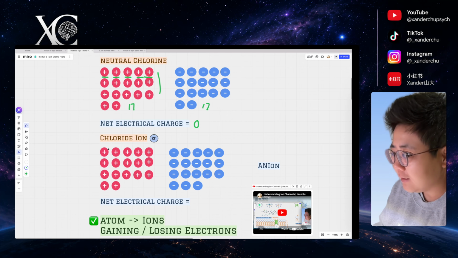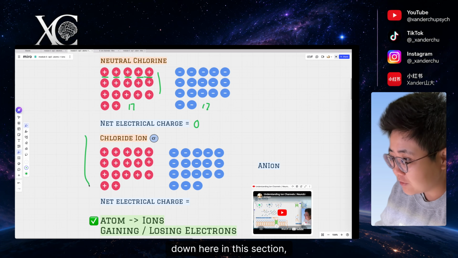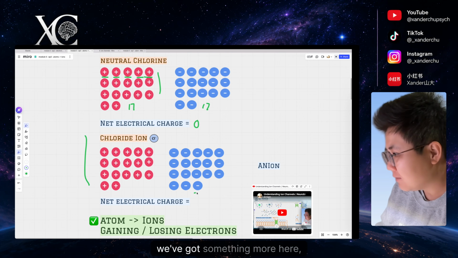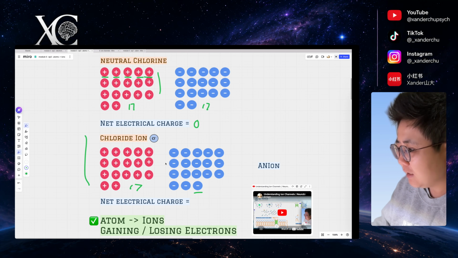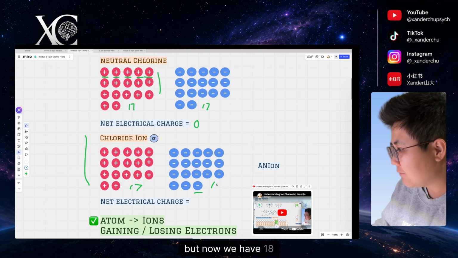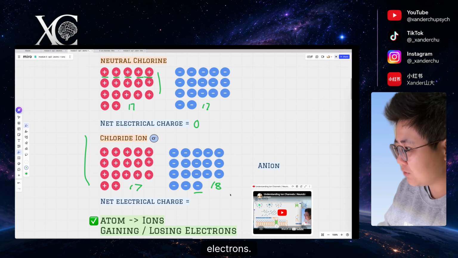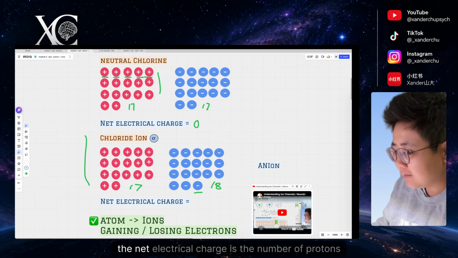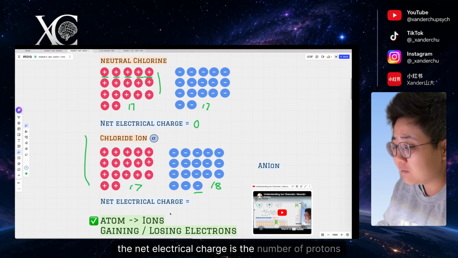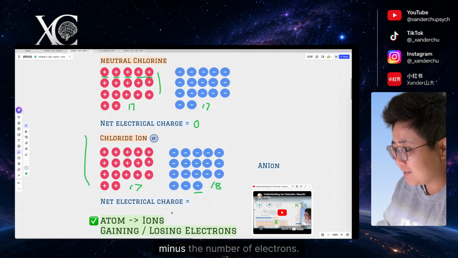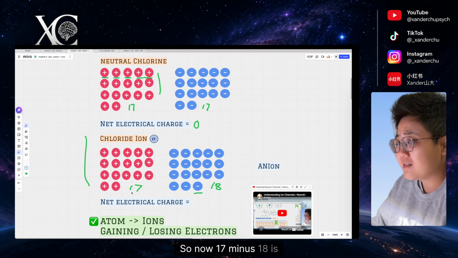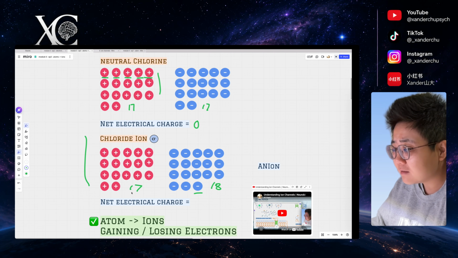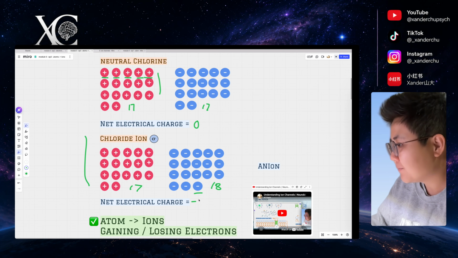Now, if we look down here in this section, we've got something more here, right? So we still have 17 protons, but now we have 18 electrons. Remember, the net electrical charge is the number of protons minus the number of electrons. So now 17 minus 18 is minus 1.